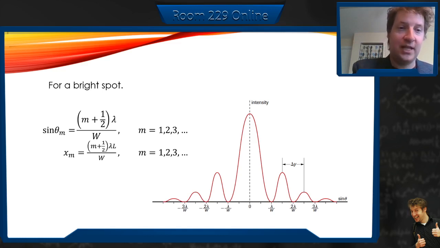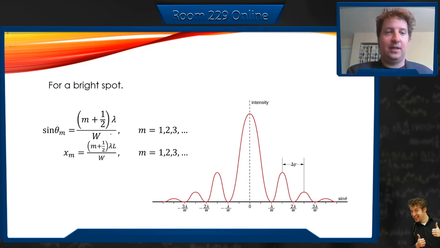And also notice that we can still use the same sine theta equals tan theta approximation. But again, we're going to have to start everything at 1 and not 0 because of that shift in everything.